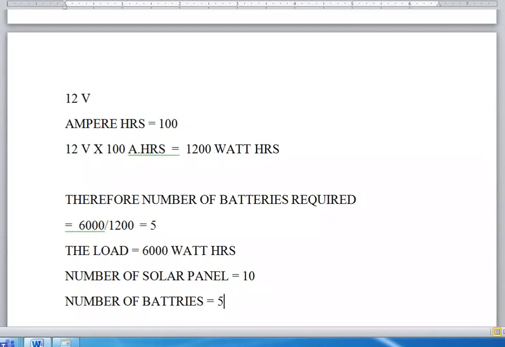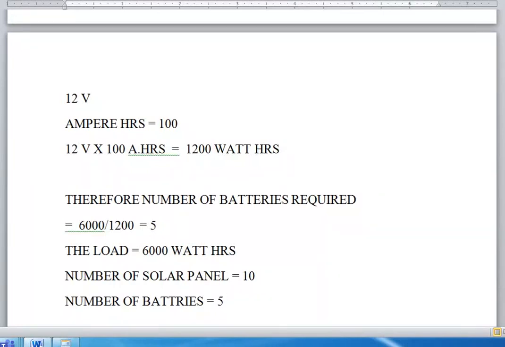The 6,000 value can become 5,000, 4,000, or 3,000, depending upon your usage. But what will happen to the solar panels if you have purchased 10, and the number of batteries is 5? Will this change? No, this should not change, because only your consumption can decrease. If the number of solar panels decreases, then there will be a problem.